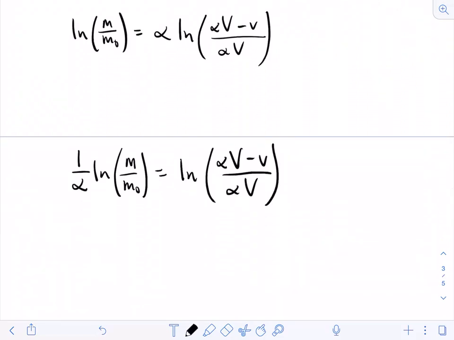One nice property of lns is that if we had something like a ln b, we could write that as the ln of b to the power a. So I'm going to say that this is equal to the ln of (m over m0) to the power 1 over alpha.